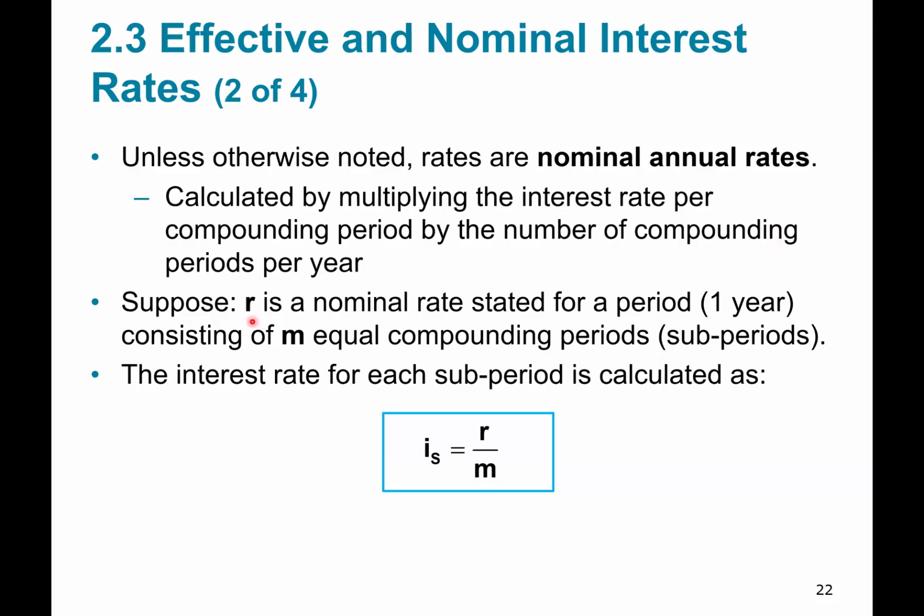Suppose r, lowercase, is a nominal rate stated for a period of 1 year, consisting of m, lowercase, equal compounding subperiods. Then the interest rate for each subperiod is calculated as i equals r divided by m.